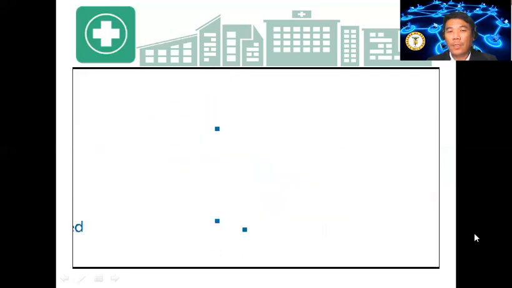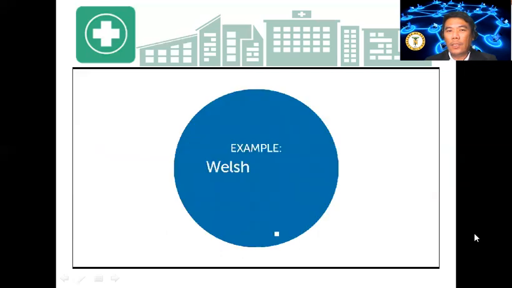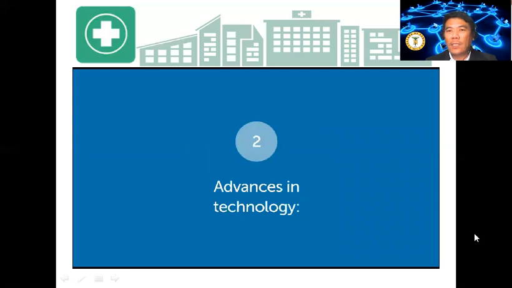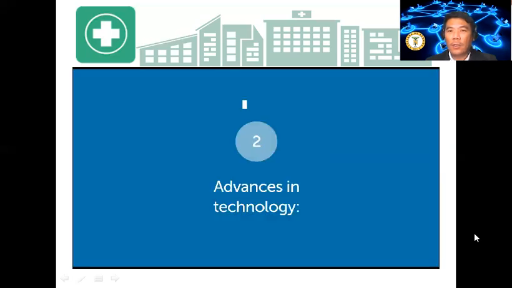A typical example is this clinical portal wherein it unites the data accordingly, using the advances in technology, even if the client had been discharged or catered to as an outpatient.